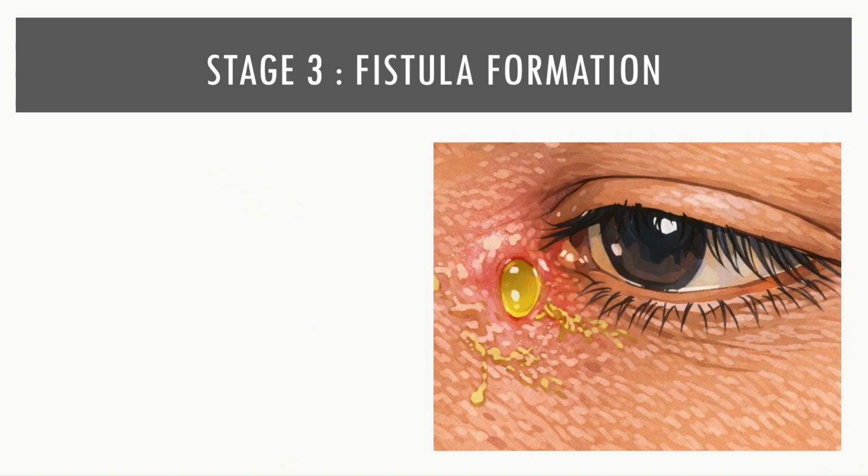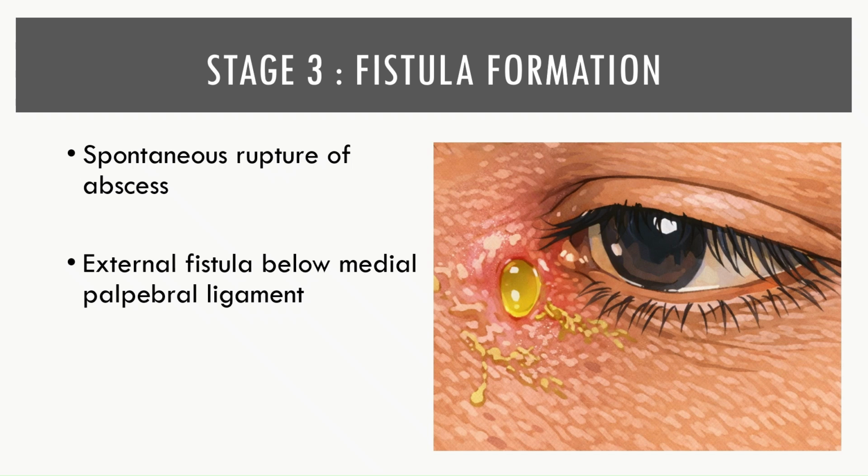Stage 3, fistula formation. When the lacrimal abscess is left unattended, there will be spontaneous rupture of the abscess, leaving an external fistula below the medial palpebral ligament. Rarely, the abscess may open up into the nasal cavity, forming an internal fistula.